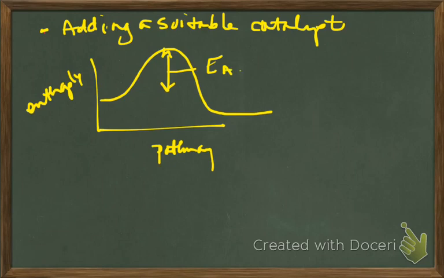By adding a catalyst, really what we're going to do is provide an alternate pathway for the reaction, and that would be your EA with a catalyst. So you're lowering the activation energy by providing a different pathway.